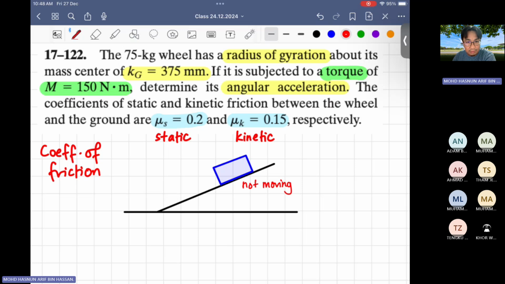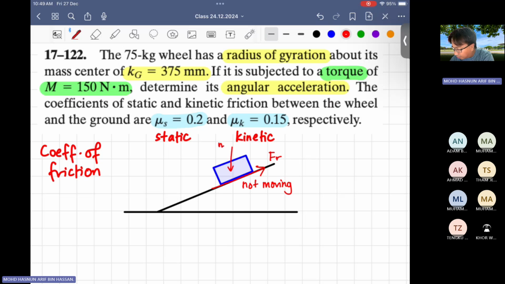Do you think there is a friction acting on the box if it is static like this? Yes, that is friction. That's why it is not moving. The friction is acting in this direction, and the weight is acting this way.